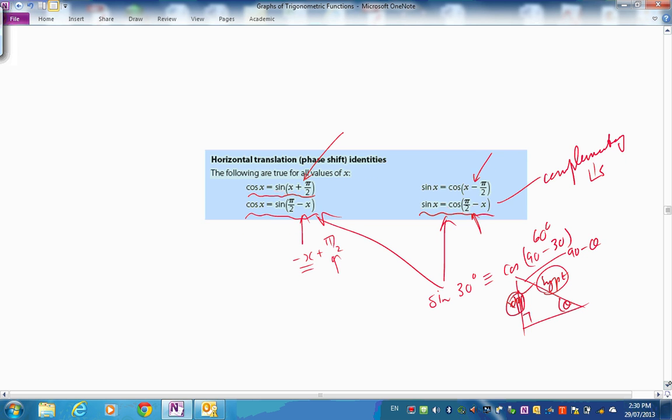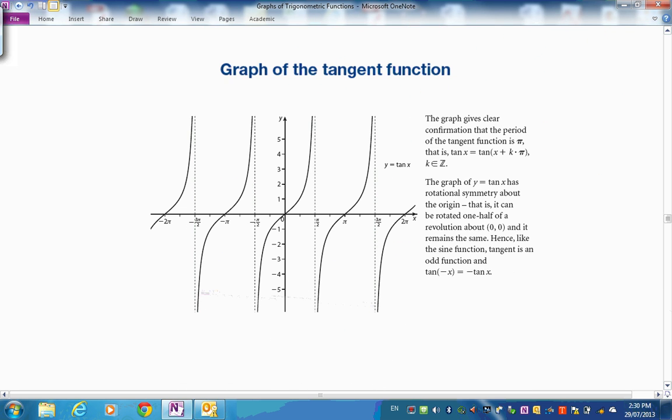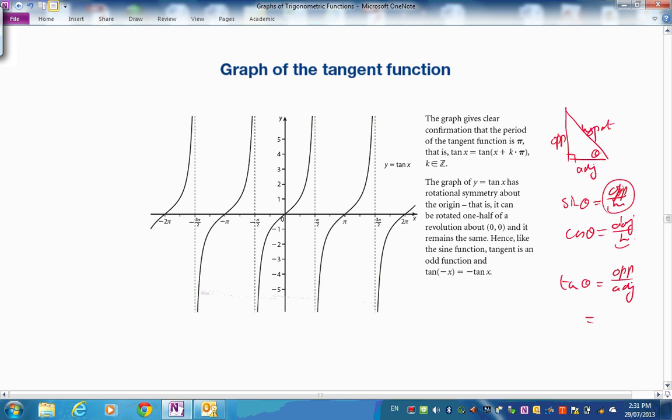All right, come on down a bit, see if we can do a bit more, this time with the tangent function. The tangent function is, of course, sine divided by cosine. Okay, and you remember that? The sine of theta was the opposite over the hypotenuse, cosine is the adjacent over the hypotenuse, and way back, even in trigonometry land, if you look at the tan of theta, that's the opposite over the adjacent, which is exactly what you get if you put this one over this one.